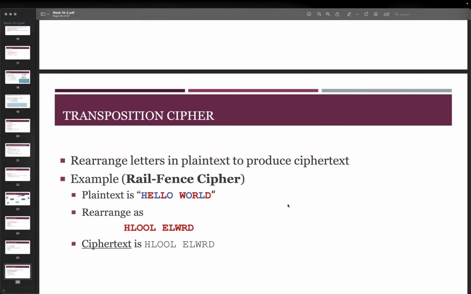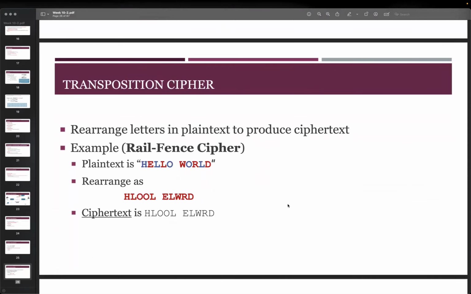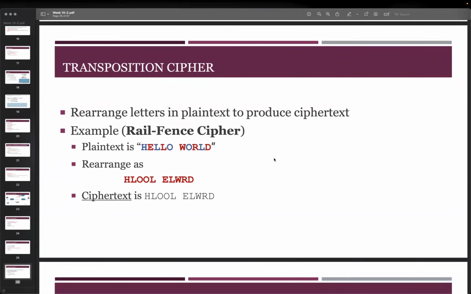For the transposition, we arrange the letters in the plaintext to produce the ciphertext. One of the examples is the rail fence cipher. Here we say the plaintext is, let's say, hello world, and we arrange it. Let's say we change it to HLOOL.